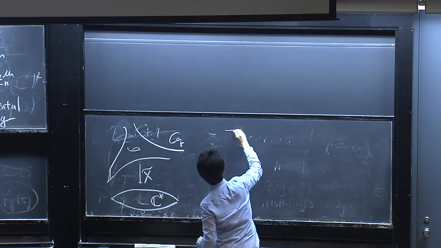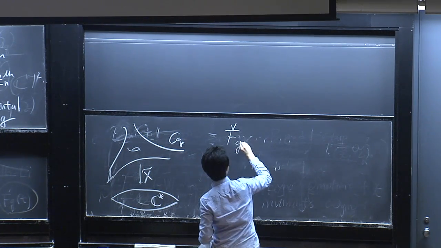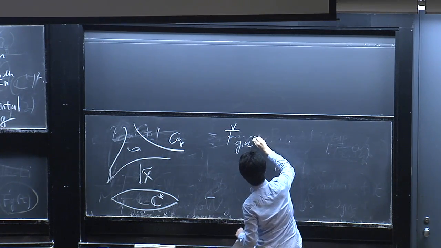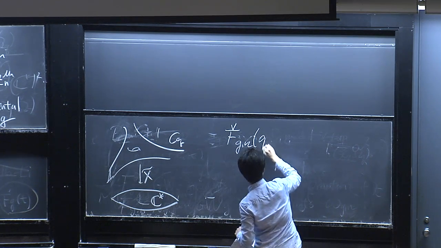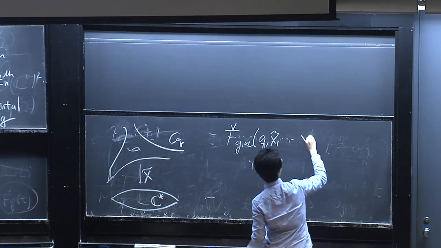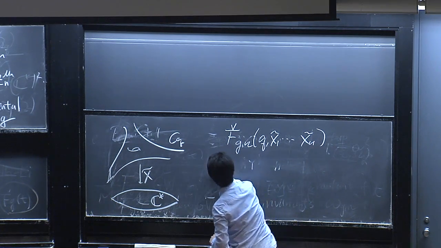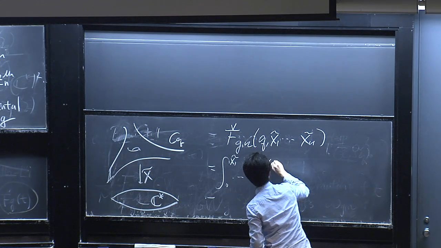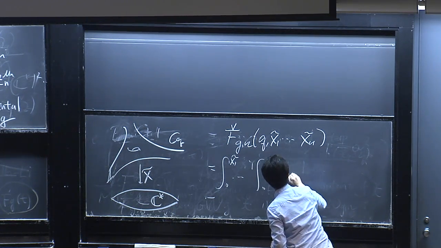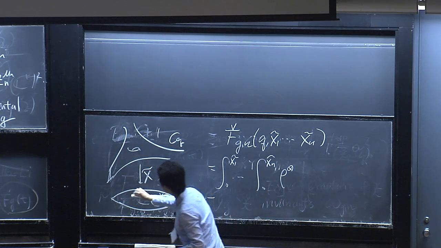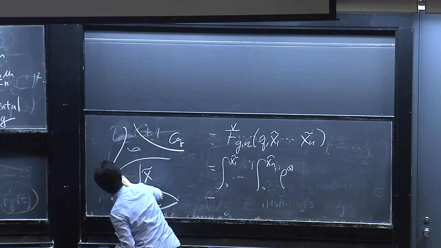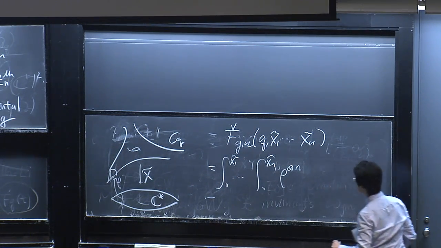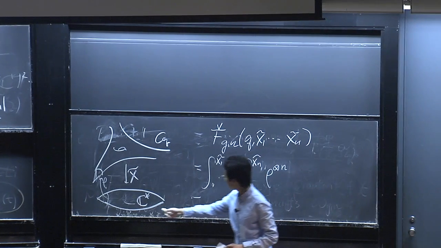So we can define the B model potential. These are local good coordinates, so you can pull back to the nth power of this small disk.